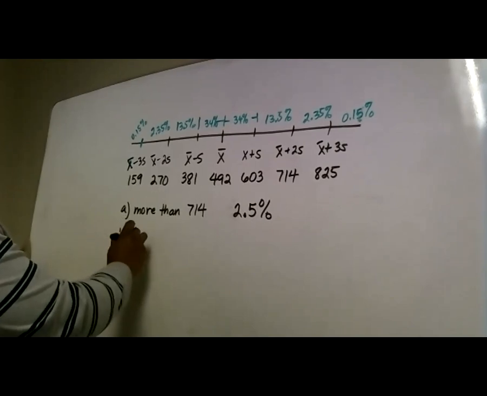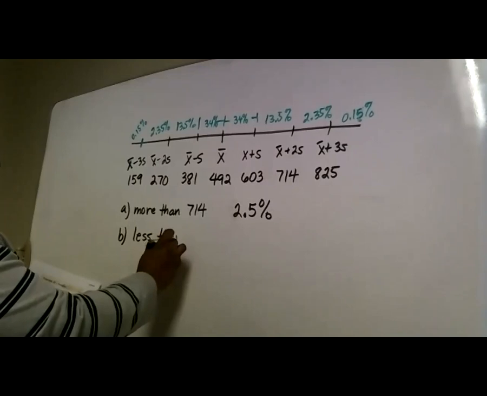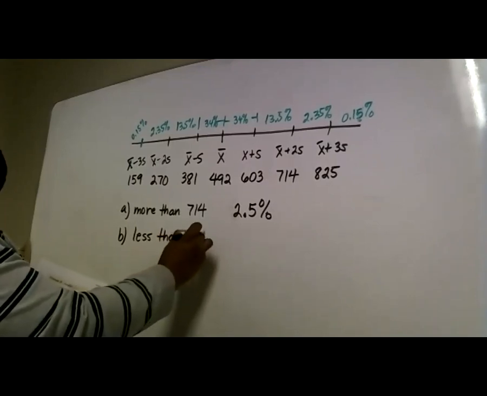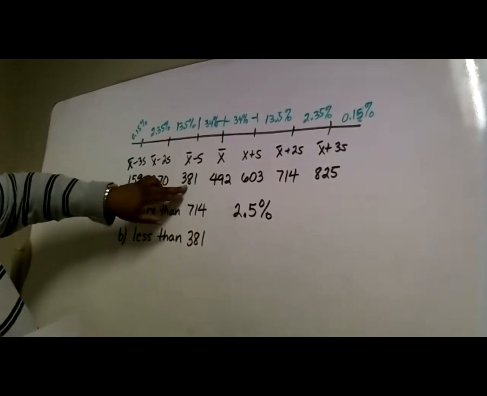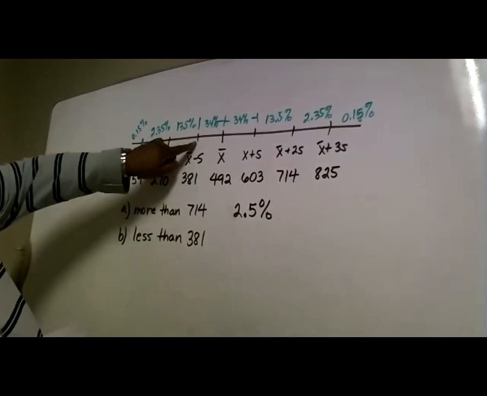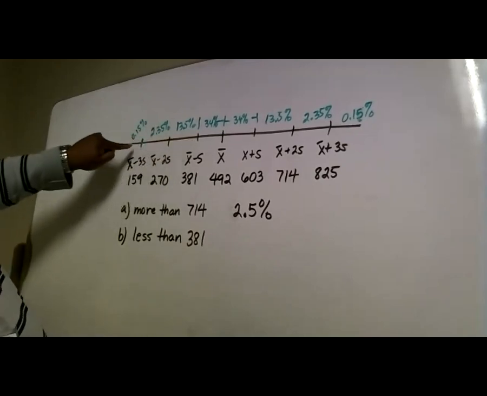And part B, less than 381. Well, here's 381. We need to look at the numbers to the left of 381.